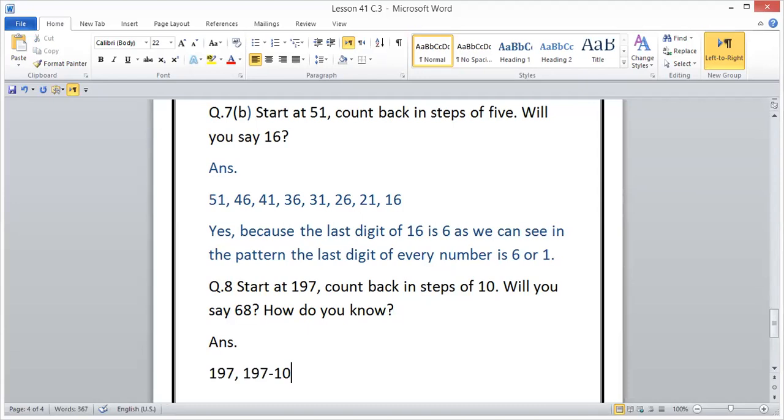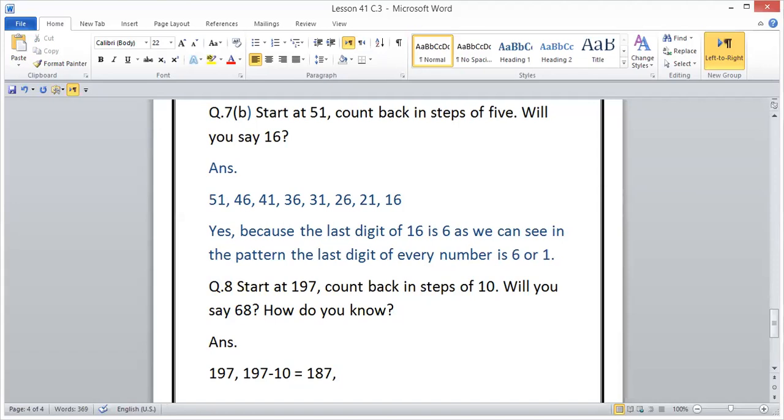Why minus 10? Because you are counting back in steps of 10. So 197 minus 10 is equal to what? This is 187. Guys, you don't need to write anything, okay? I'm writing just to explain to you, just to let you know.